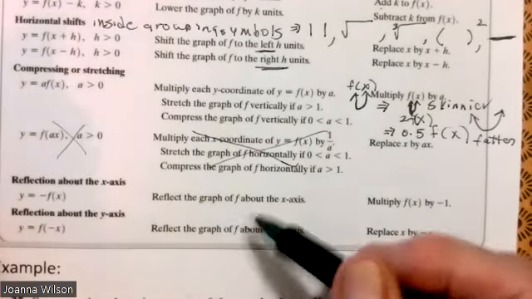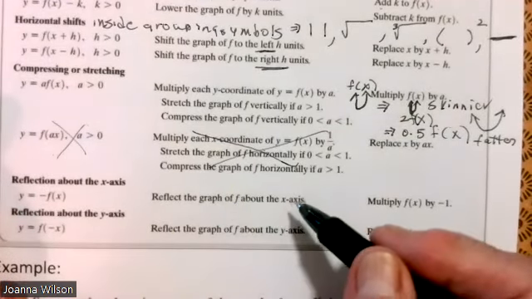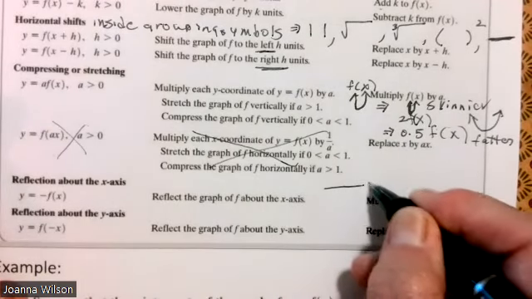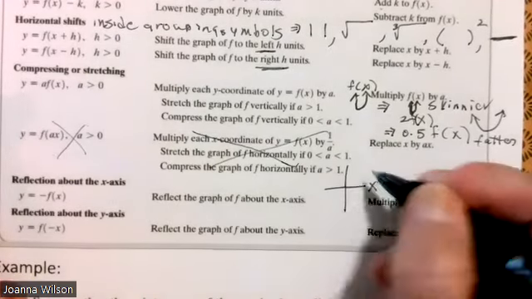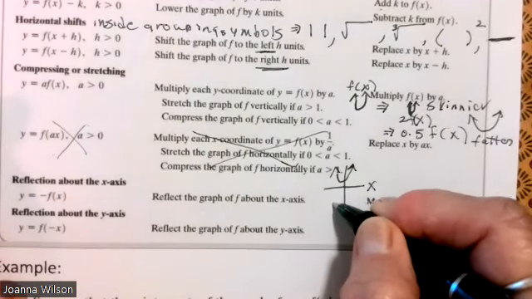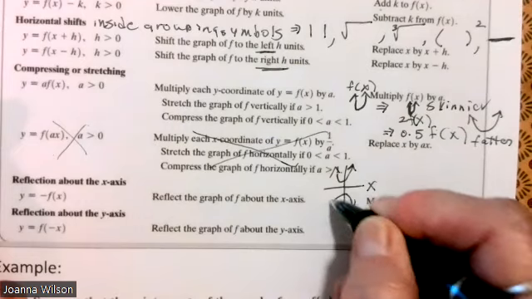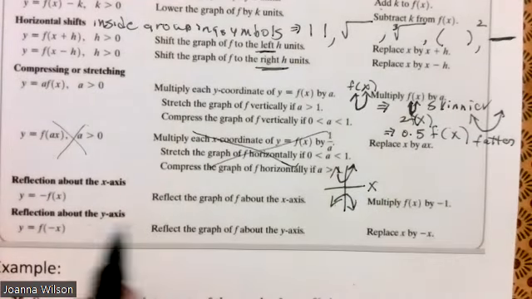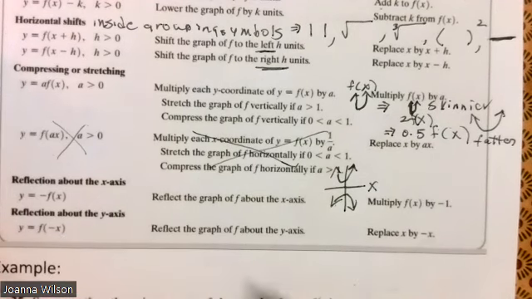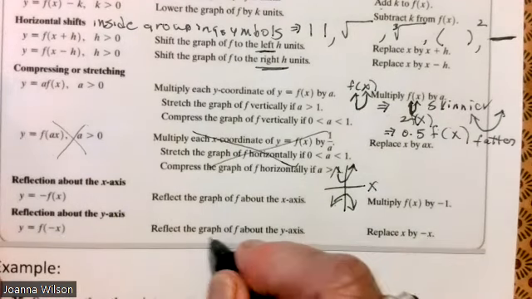If it's on the outside, it reflects the graph of f across the x-axis. So this is the x-axis right here. So if you've got a graph like that, it's going to reflect it across the x-axis. And if the minus sign is inside the grouping symbol, then it's going to reflect it across the y-axis.